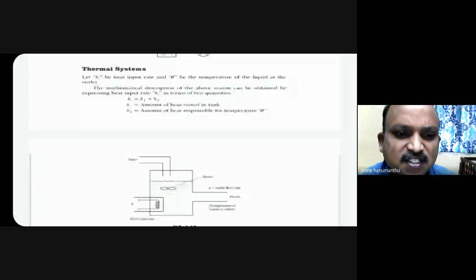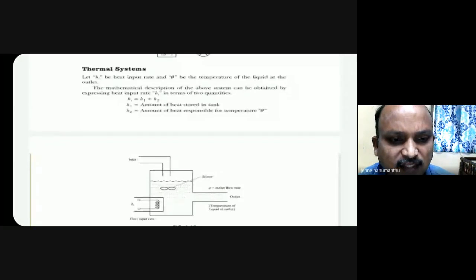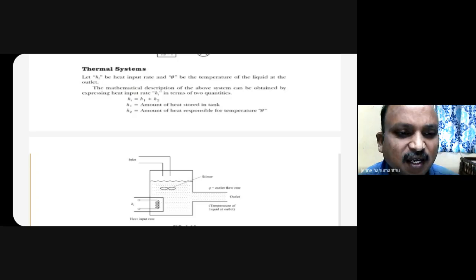So a thermal system generally comprises a heat element and a tank. The tank has an inlet and outlet. Inlet means input flow rate, outlet means output flow rate. Sometimes if it is water in a tank, there is no need of any mixer element like a stirrer.